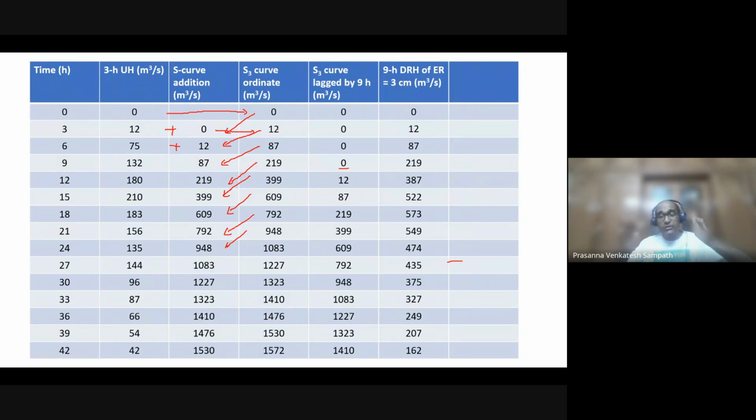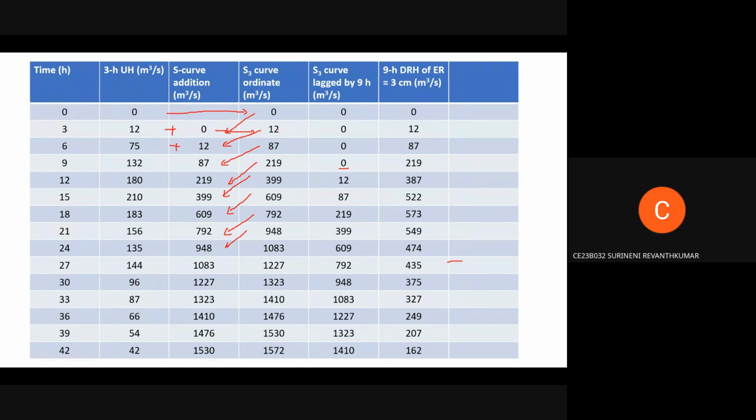In that 9 hours, 1 centimeter of excess rainfall has happened. That is what we want: a unit hydrograph. What I have here in column number 6 is a direct runoff hydrograph of the same duration that I want, 9 hours. But the amount of excess rainfall that produced this hydrograph is 3 centimeters. I want it for 1 centimeter, I have it for 3 centimeters. What should I do?